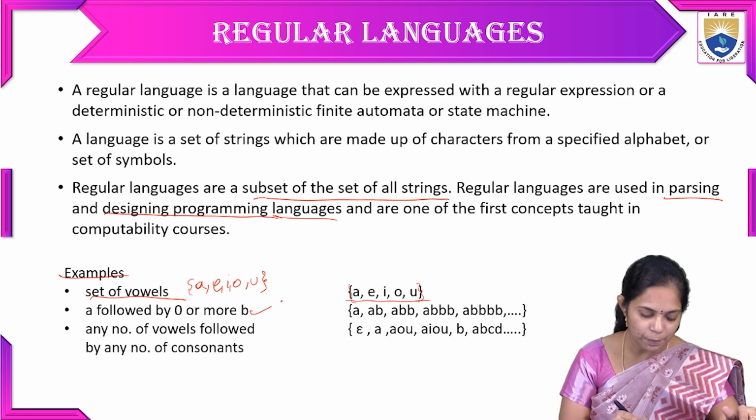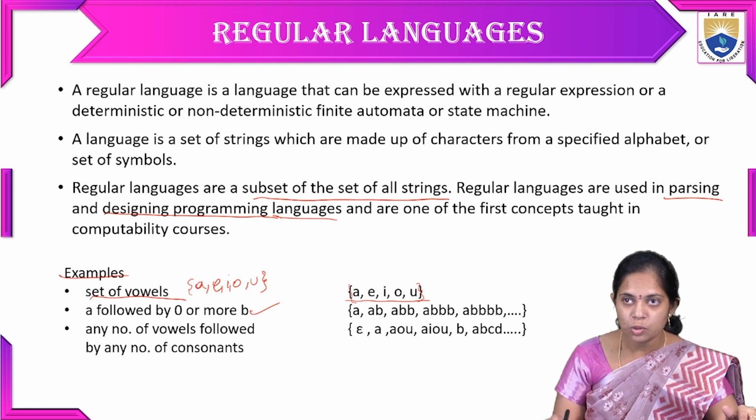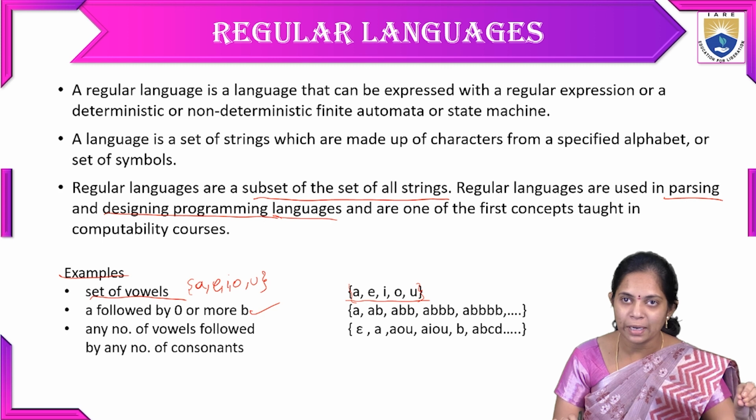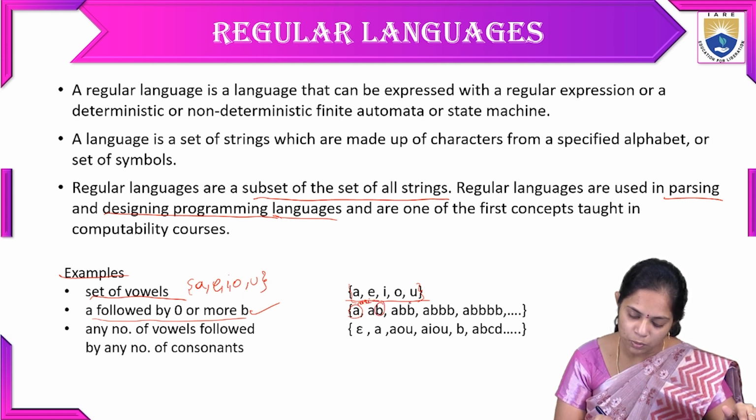One more example: A followed by zero or more B. A should be followed by nothing, and also by B. That is the main notation. How many times can B occur?